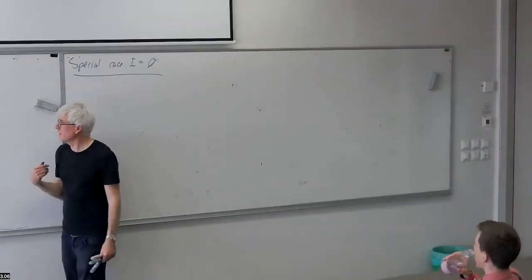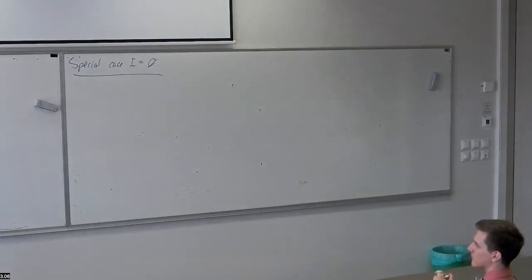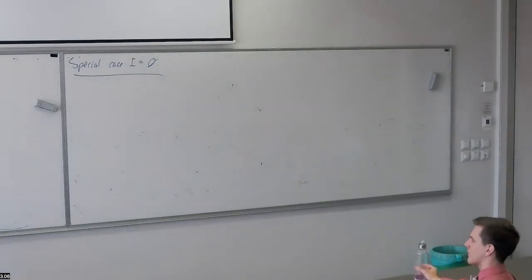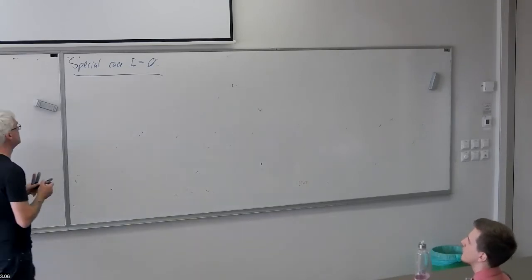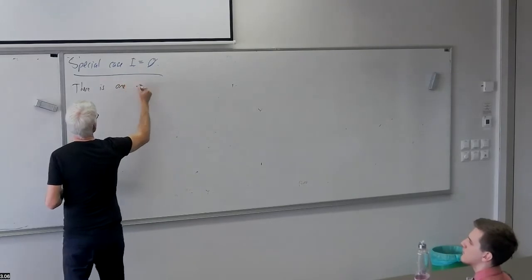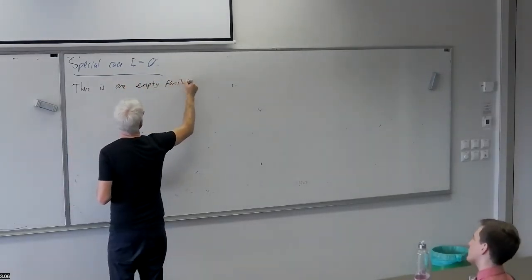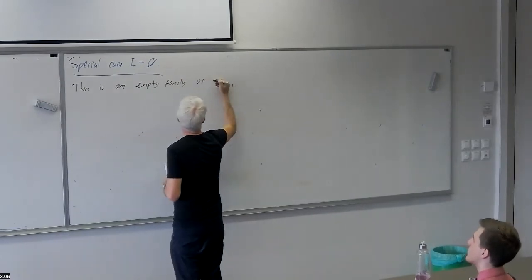So what is an empty product? Well, we're asking for the product of an empty family of objects of C. Well, there is only one empty family. There is an empty family, but there's only one of them. So there is one empty family of objects.